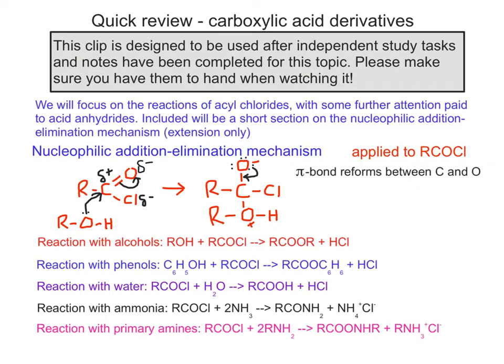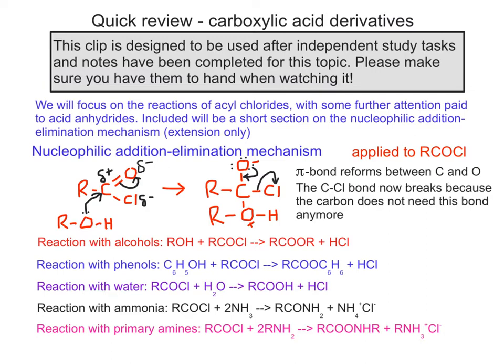So the pi bond reforms between carbon and oxygen. The carbon-chlorine bond now breaks because that carbon doesn't need this bond anymore. It would have five otherwise, so this is a surplus bond. The chlorine now takes both those electrons because it's more electronegative than carbon. But we still have to deal with the positively charged oxygen at the bottom.